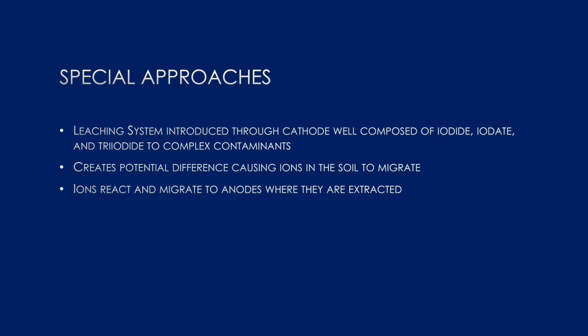This solution creates a potential difference between the cathode and the anode, which causes the ions in the soil to migrate until they reach the contaminating species. They will then react and form ionic, iodide-based complexes. These complexes then migrate to the anodes, where they are extracted along with the electrolytic solution.